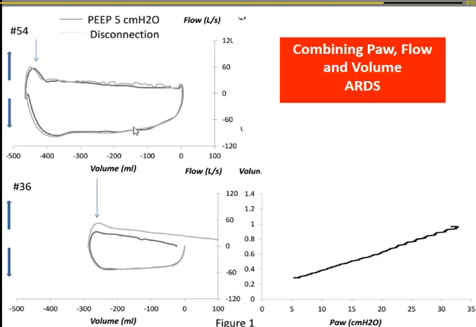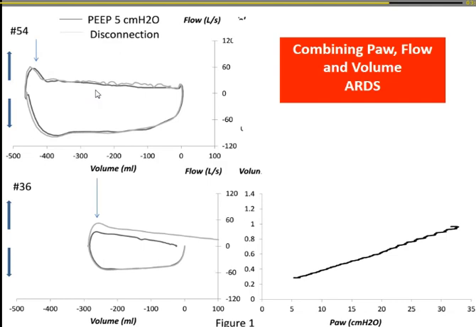Here you have the baseline expiration flow volume loop at PEEP of 5, and at this point we disconnected the patient again from PEEP 5, so we had the same expiratory driving pressure, which resulted in no change in expiratory flow.